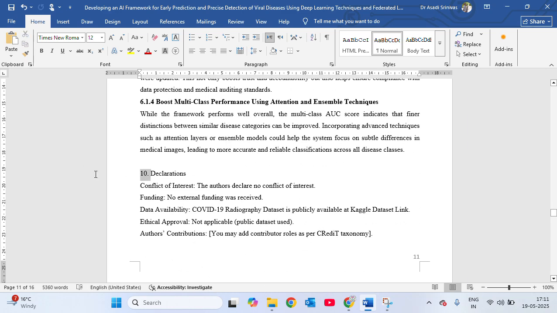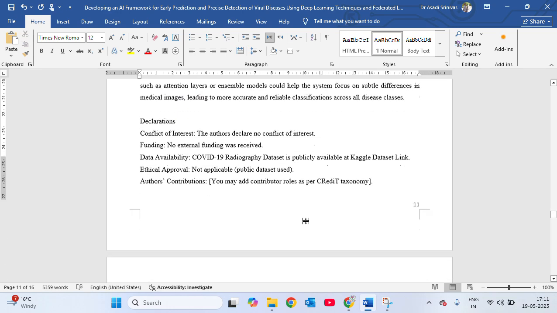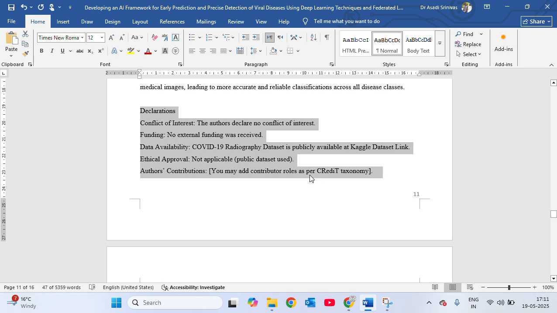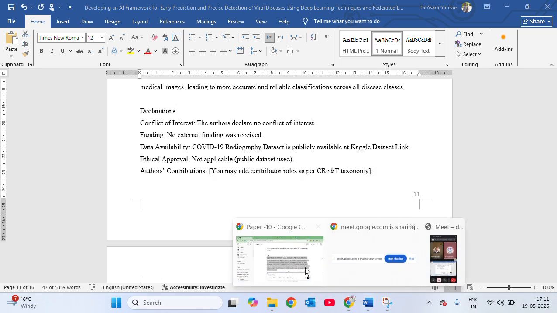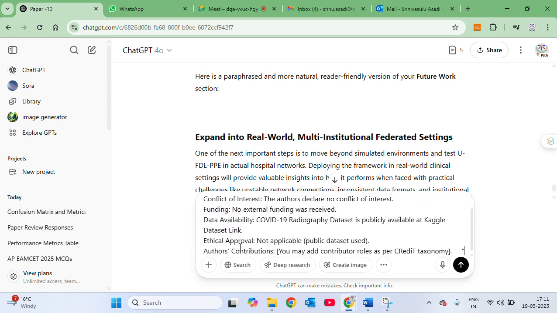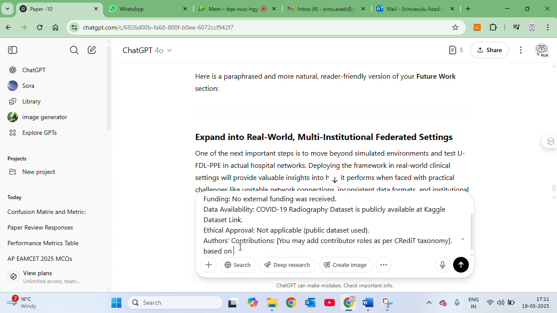So next, the last one is declaration. It is asking for a declaration. Okay, we will write a declaration according to this journal. So we will prepare according to this one. Prepare each side heading with two sentences about this declaration part based on the data.